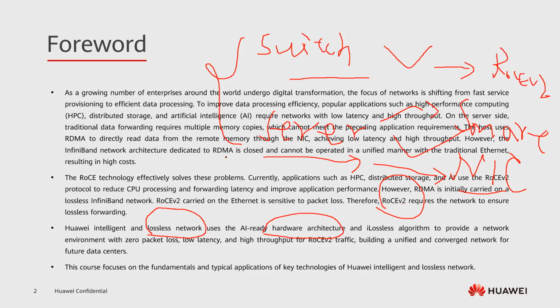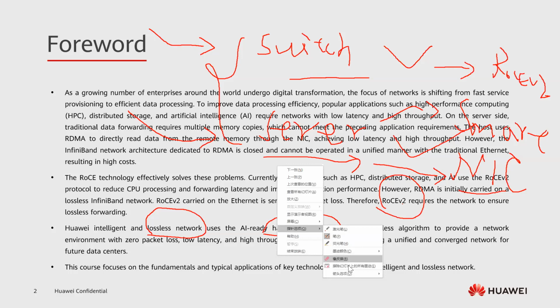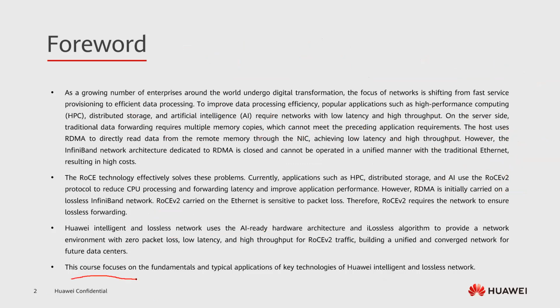So it means if you want to build a lossless network, you must buy the dedicated switch and the dedicated server. And this course focuses on the fundamentals and typical applications of the key technologies of Huawei intelligent lossless network.